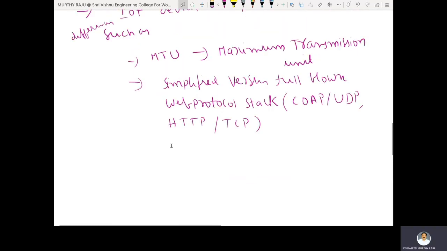Some devices generate more data, some less. That is related to MTU, maximum transmission unit. The second difference is simplified versus full-blown web protocol stack. In the ordinary protocol stack, we need HTTP. In the other, we use CoAP, UDP, and HTTP, TCP. Single stack versus dual stack.